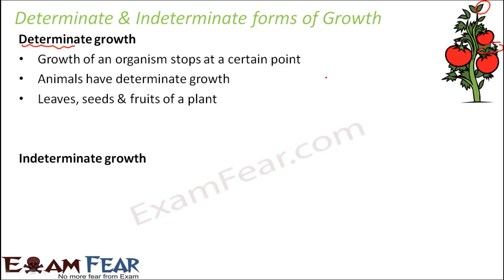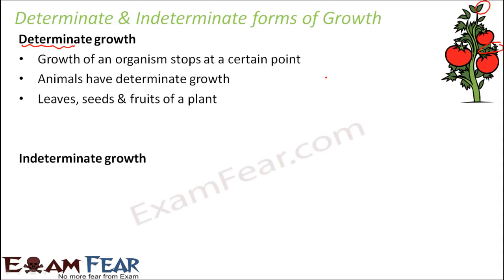Now the question is, why does the growth stop? Who stops the growth of the plant? The growth stops due to the production of some retardant hormones. Some hormones are released which inhibit growth. These hormones are released at specific sites, for example at leaves or at the fruits, and that is why growth stops only at these sites.